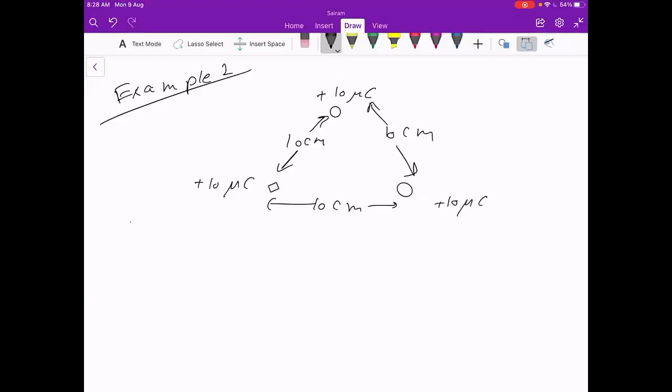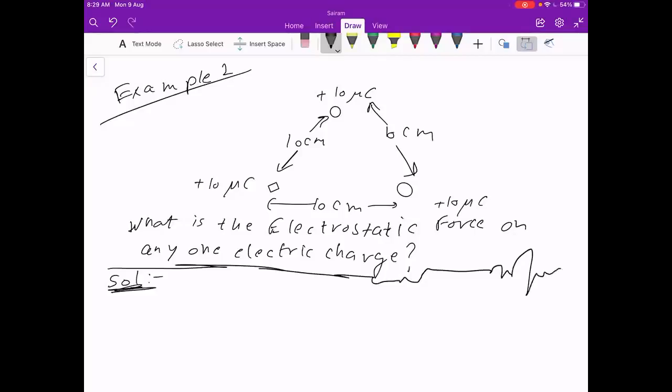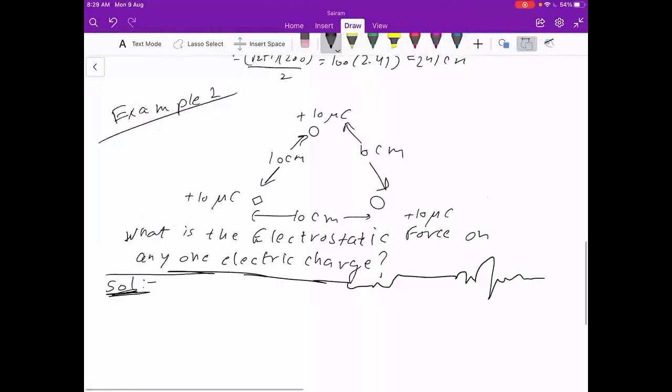You need to tell me what is the electrostatic force on any one electric charge. Simple question with a simple answer.